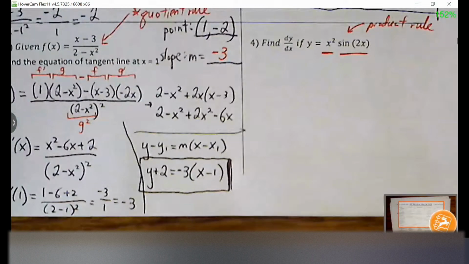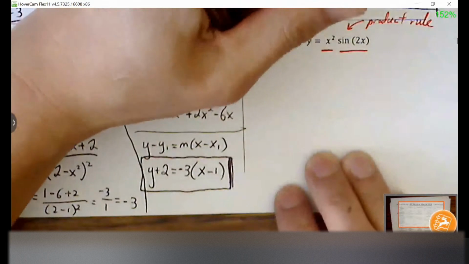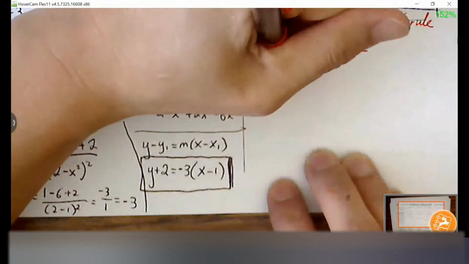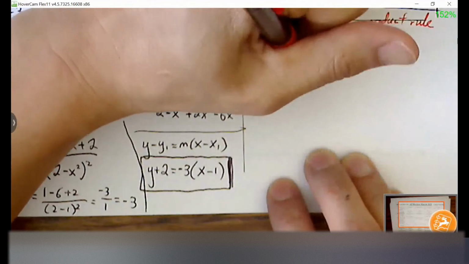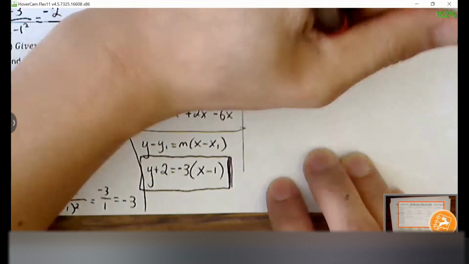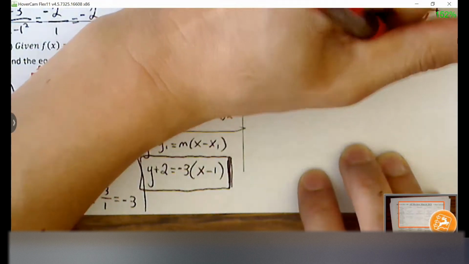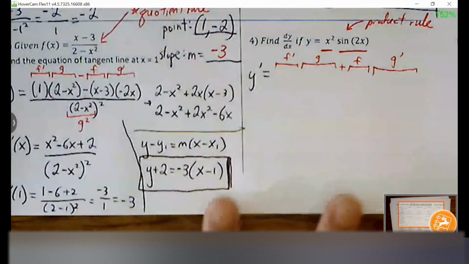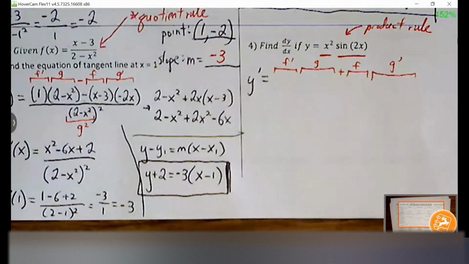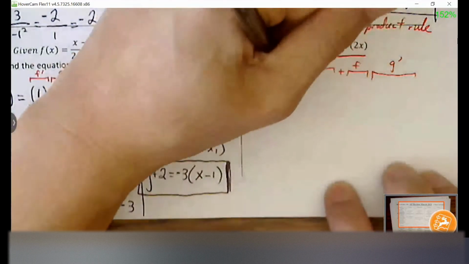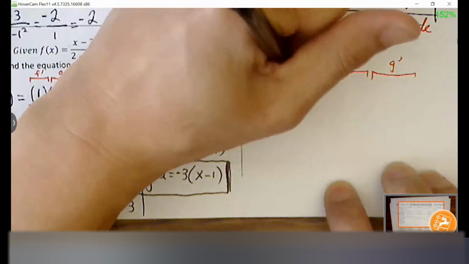Okay, f prime g plus f g prime. Okay, f prime, 2x.